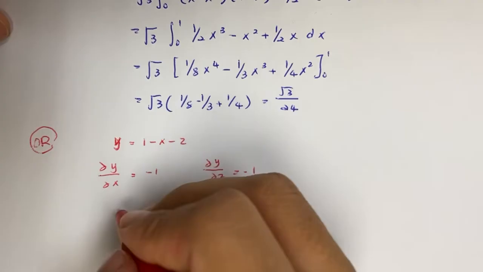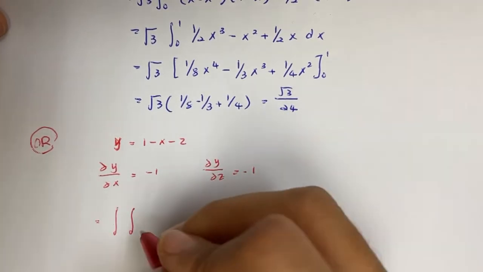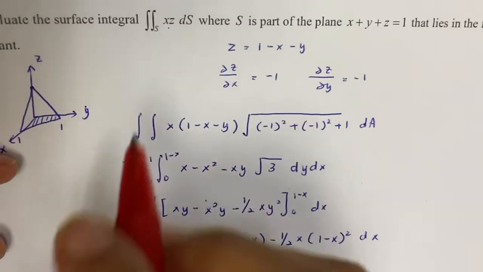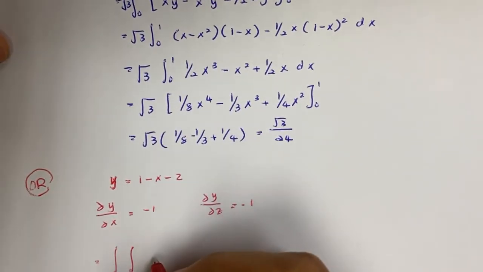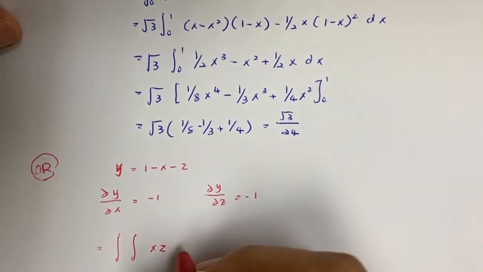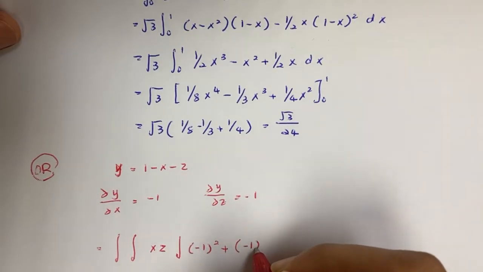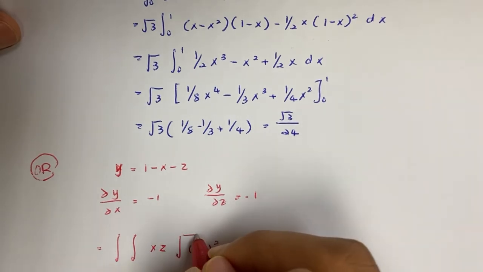Okay, and if you do the double integration, you have x is x. You don't need to substitute the y because you don't have any y here. So x is x, square root of (dy over dx) square plus (dy over dz) square plus 1.